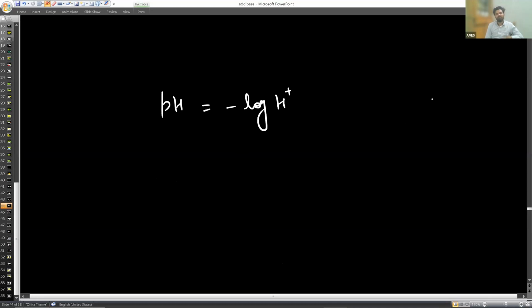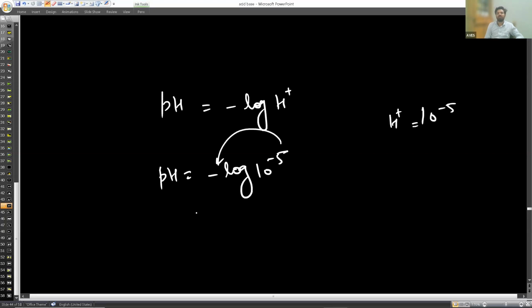If the H plus ion concentration of a solution is 10 to the power minus 5, let's suppose, what would be the pH of that solution? pH is equal to minus log of 10 raised to the power minus 5. This 5 comes to this side and minus minus gives plus, so you get 5 log 10. And you know log 10 value is 1, so you write 5 into 1, you get 5.